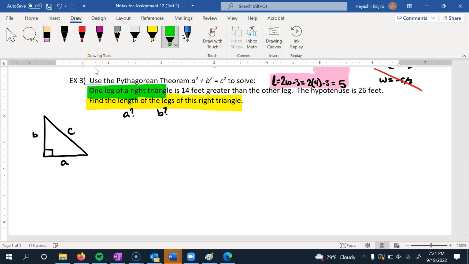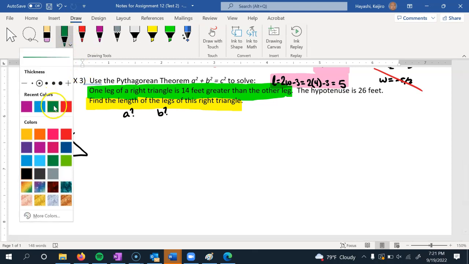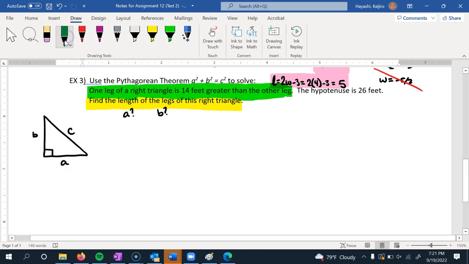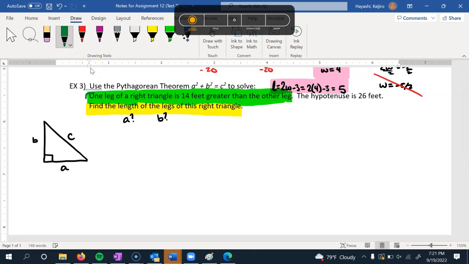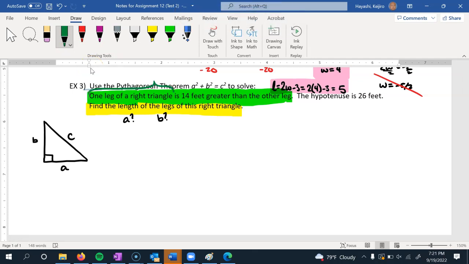One leg of a right triangle is 14 feet greater than the other leg. Now, it's not very specific about which leg is which, and honestly, it doesn't really matter, because you're going to find them both anyways. So one leg of a right triangle, that's going to be one of our variables, a or b.